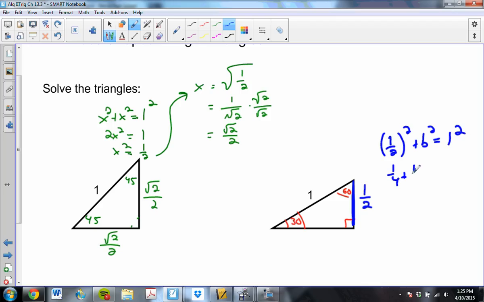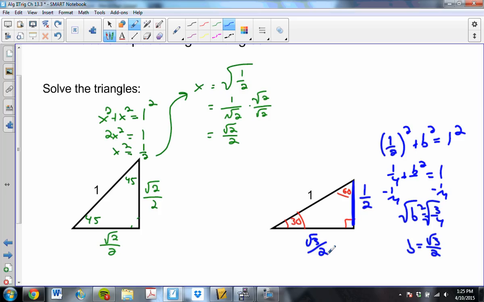I get 1/4 plus b squared is 1. Subtract a 1/4 from both sides, and b squared is 3/4. Square root both sides, and I get that b equals root 3 over 2. So the length of this side down here is root 3 over 2.